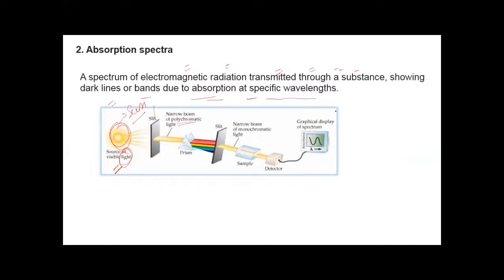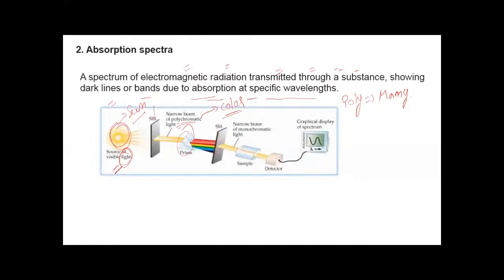What is the meaning of polychromatic? Poly means many and chromatic means color. So this light is of many colors, or we can simply say it is white light. When this white light is passed through this prism, what will the prism do? It will disperse the light. You can see there are various colors. Again, this dispersed light is passed through this slit.